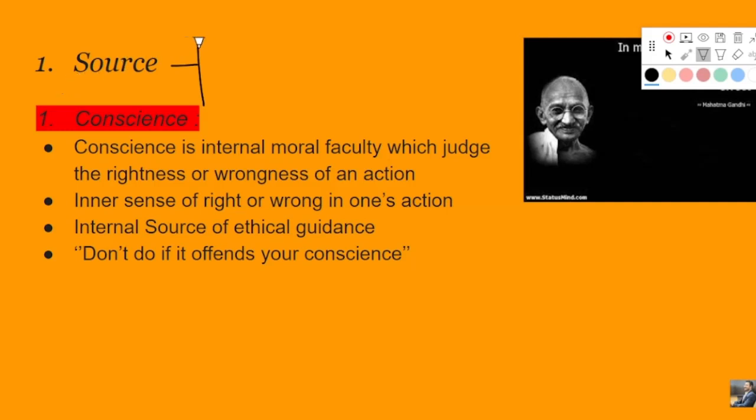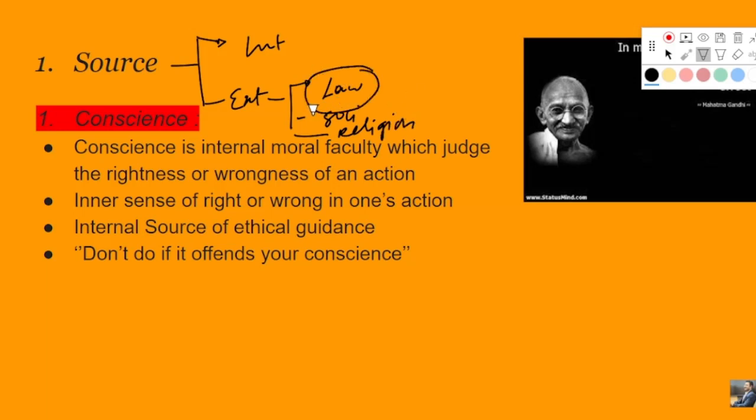As we have seen in the introduction, source is of two types, that is internal source and external source. And external source comprises what? All the external aspects like law, the provisions or norms in society, religion, etc. We have already seen all these aspects with greater clarity in the previous lecture.